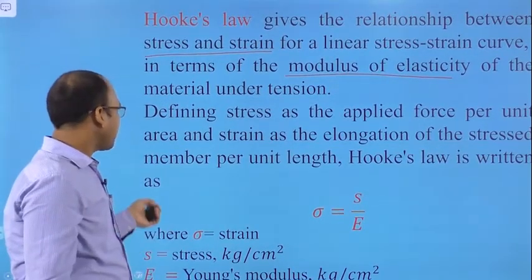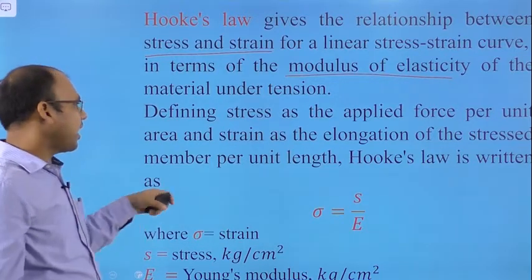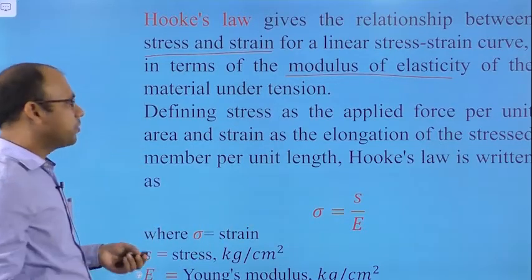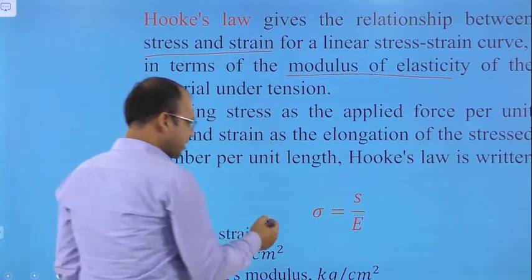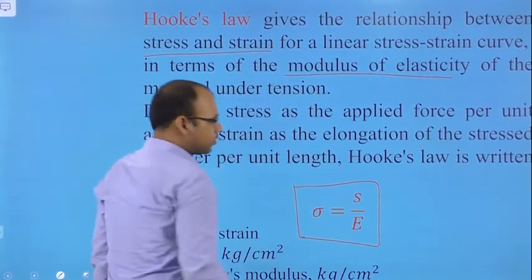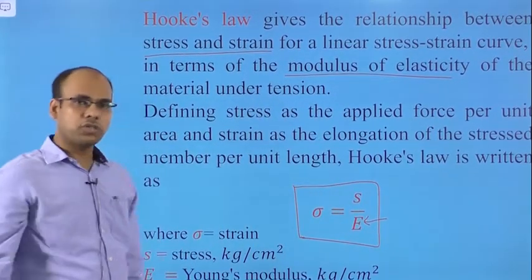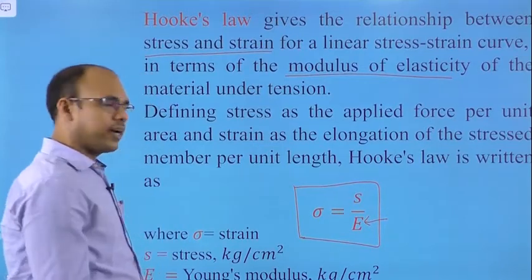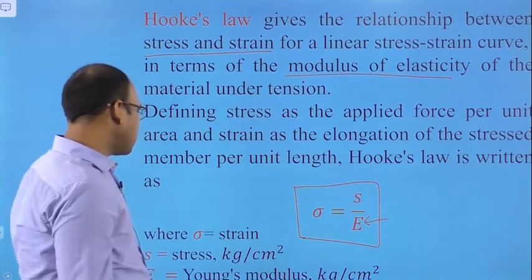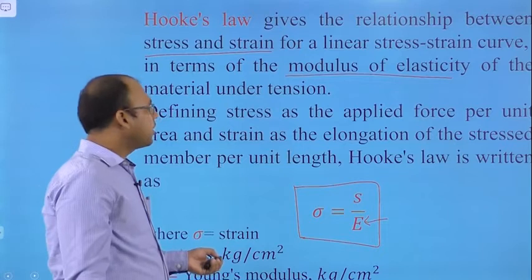So defining the stress as applied force per unit area and the strain as the elongation of the stressed member per unit length, Hooke's law is written as the ratio of stress divided by the Young modulus. E is denoted as the Young modulus. It is a constant for every different material, right?